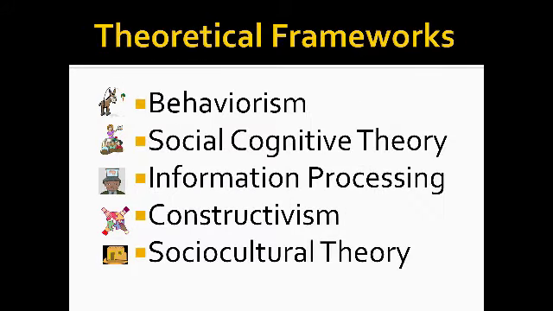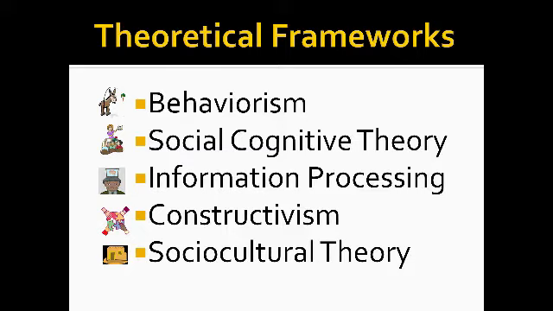During this chapter, you're going to see several theoretical frameworks in play. Remember that a theory is simply an explanation for a behavior, right? So we're going to work with a little behaviorism. Remember that that is reinforcers, things that increase behaviors, and punishers, things that decrease behaviors.